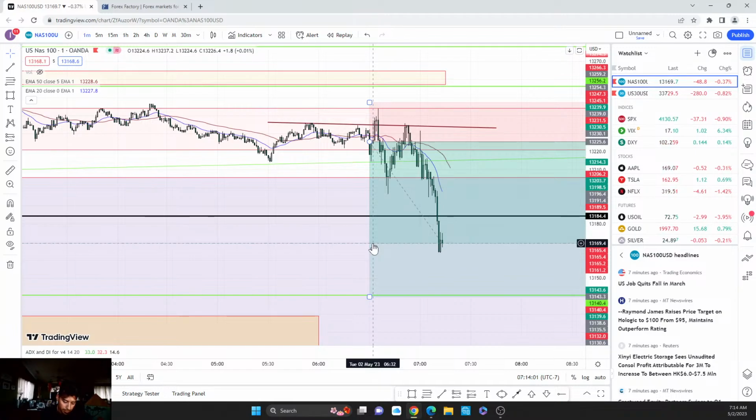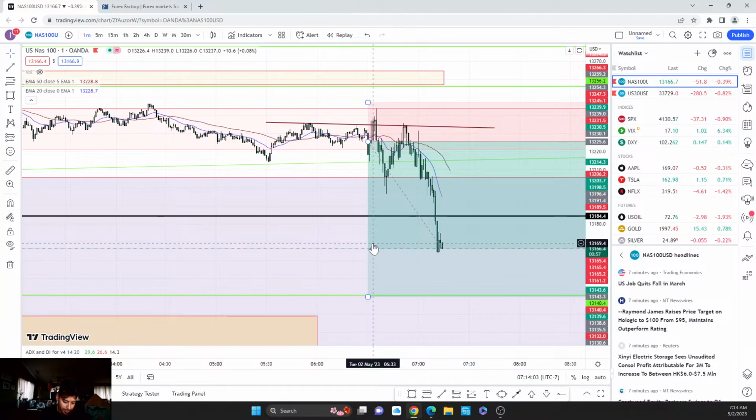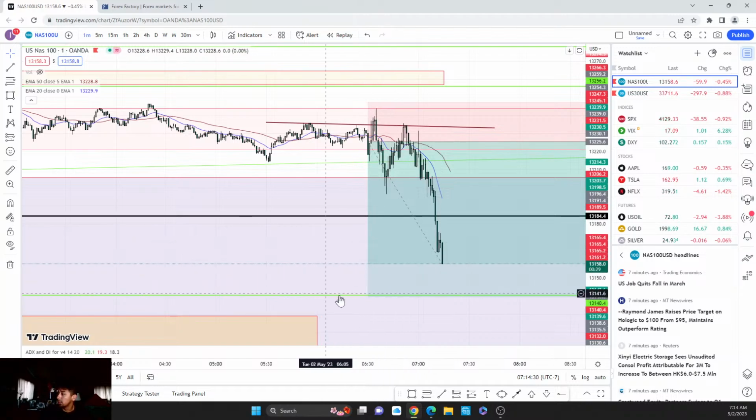Let's go. Me personally, I'm pretty happy with where price is headed. Great day. Getting into the 50s now. Let's go. Let's go. Let's go.